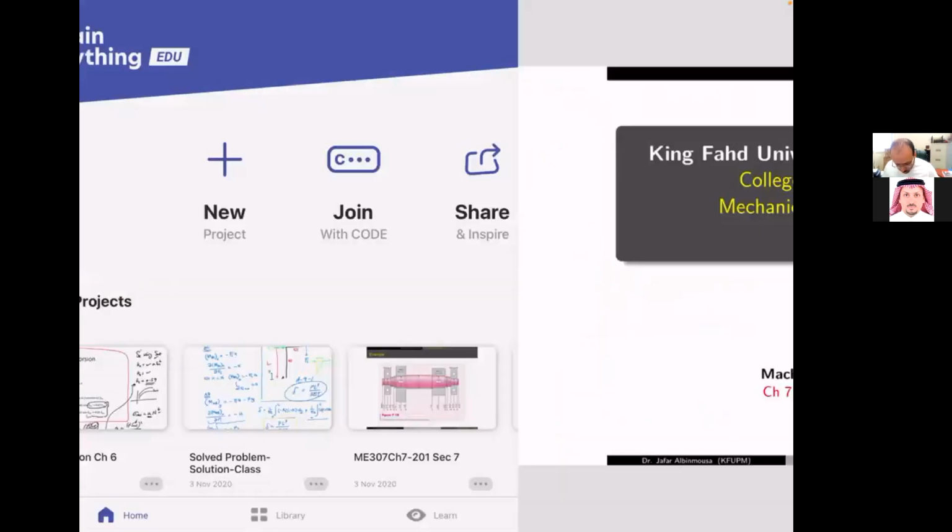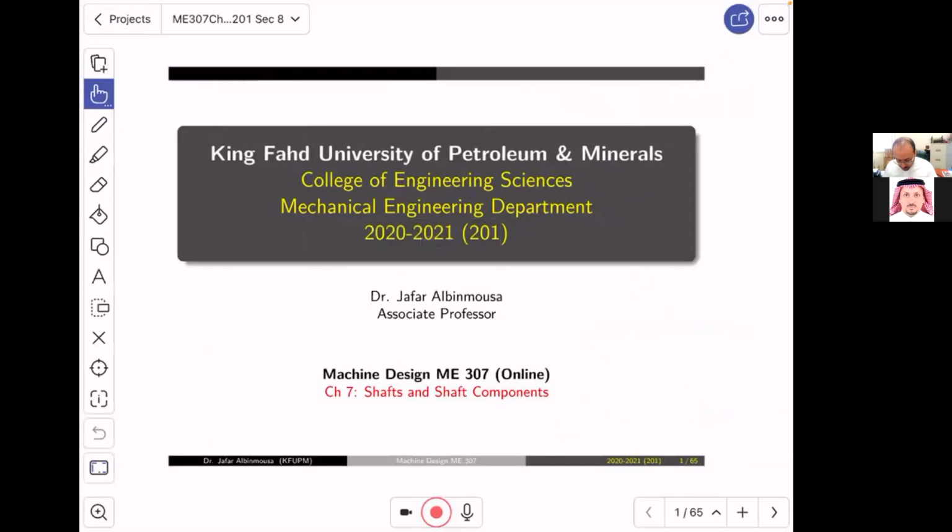Now we are going to start chapter number 7. Chapter number 7 is completely dedicated to shafts. Of course, this is very important because shafts are a very significant element, especially in rotating equipment.